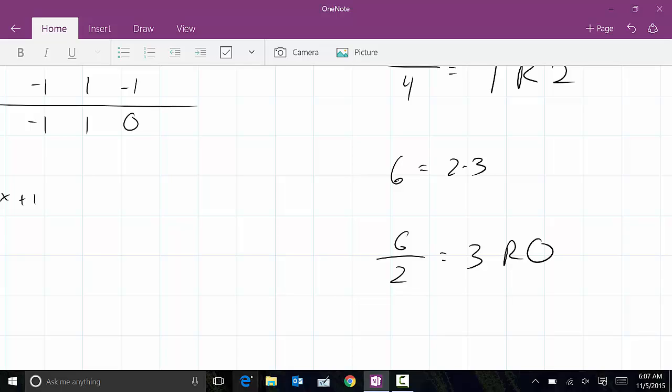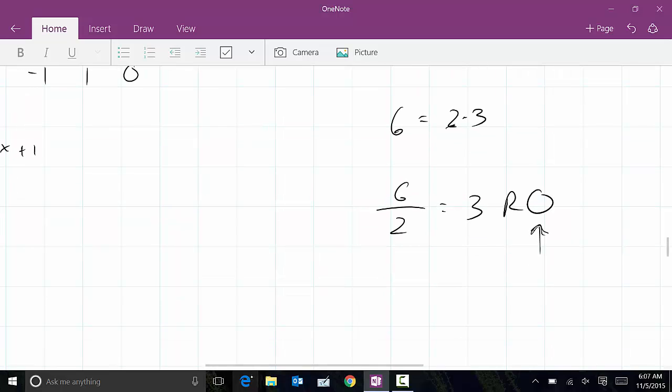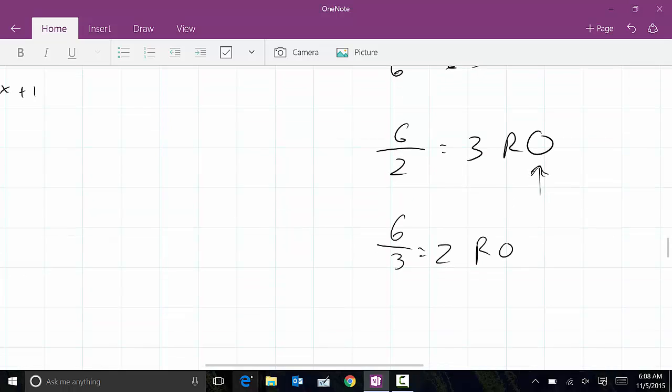So the point is, if you take a dividend and you look at the divisor, if the divisor is actually a factor of the original dividend, then the remainder will always be 0. Similarly, if you divided 6 by 3, you would get 2 with a remainder of 0. But if you divide 6 by 5, then you would get 1 with a remainder of 1.